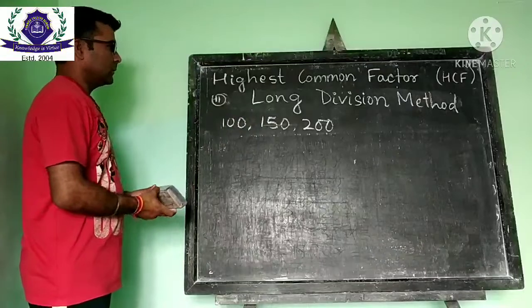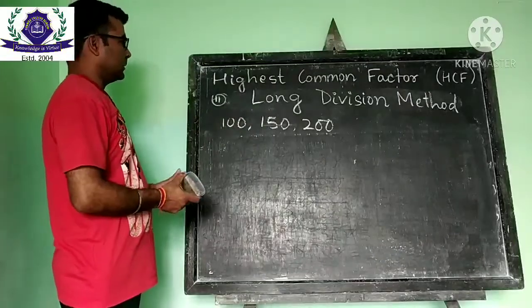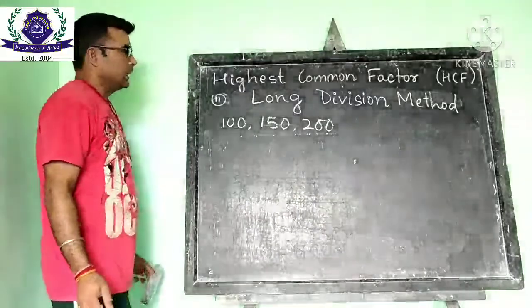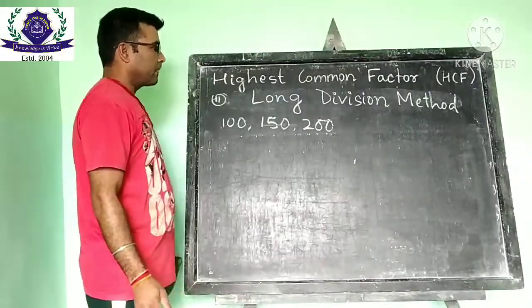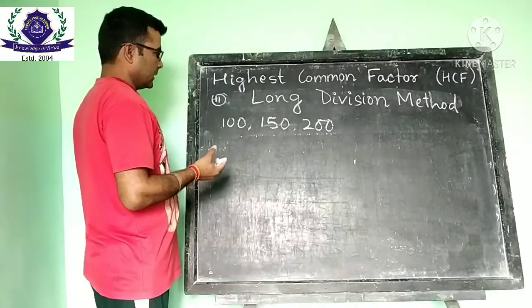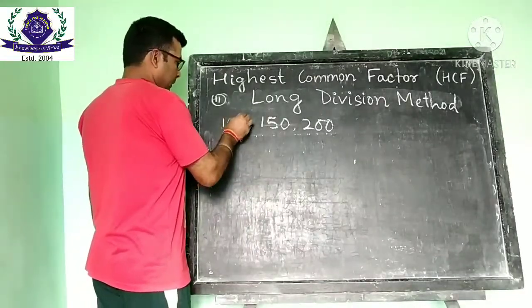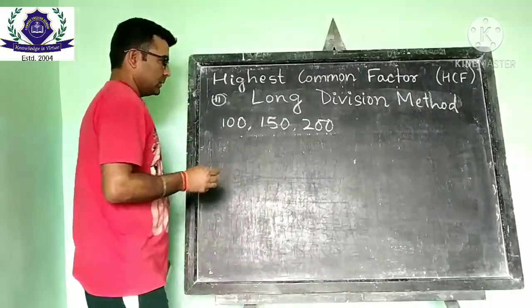So once again the same numbers we are taking, to find HCF, highest common factor, using the long division method. In this method, we need to understand that there are 3 numbers here.